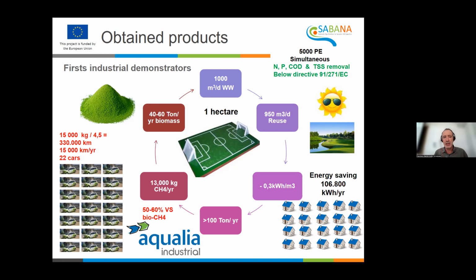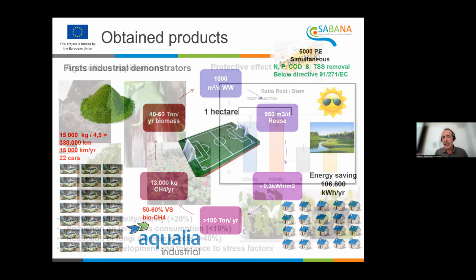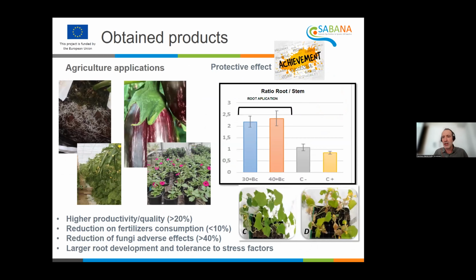In Almeria, because we are more closely related with agriculture, we already explored the possibility of using the microalgae biomass produced from wastewater treatment, and we confirmed that this biomass is really useful for biostimulant applications in agriculture, both in greenhouses and also in ornamental crops, etc. To summarize the major effects that we detect in the samples: by providing in the range of 10 kilograms of microalgae biomass per hectare, we observe a large development of roots of the plants.